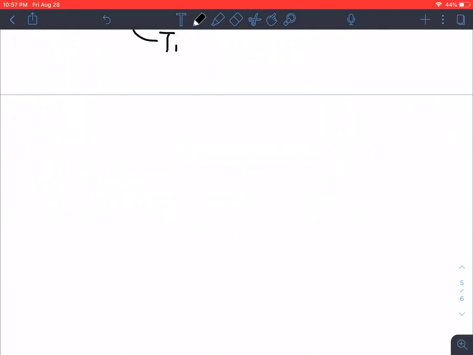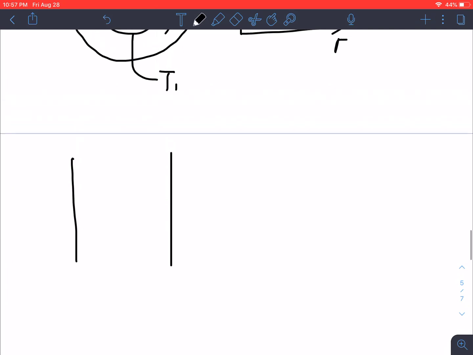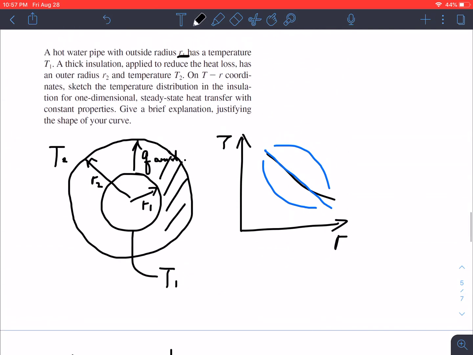By the way, this is clearly a steady state 1D problem, right?